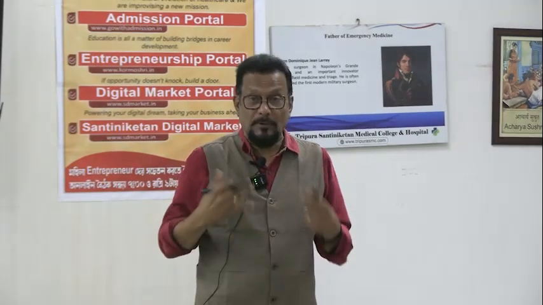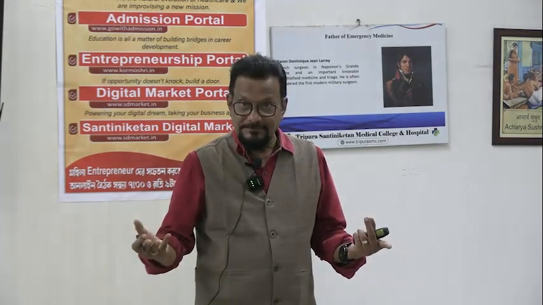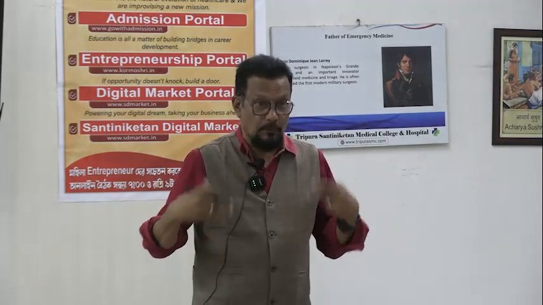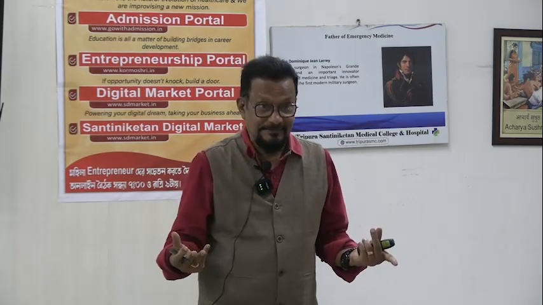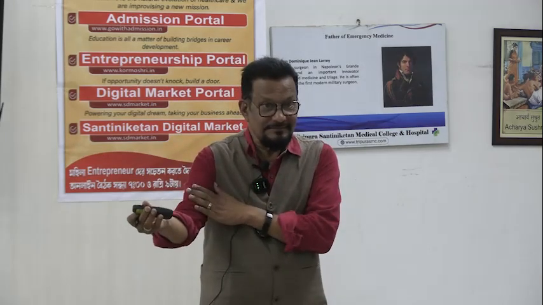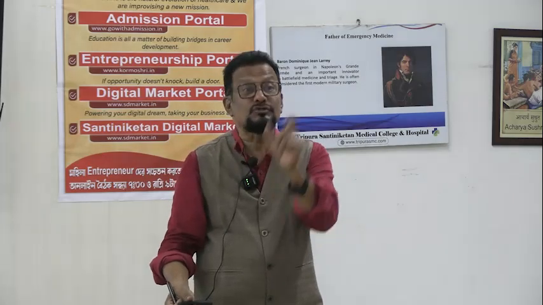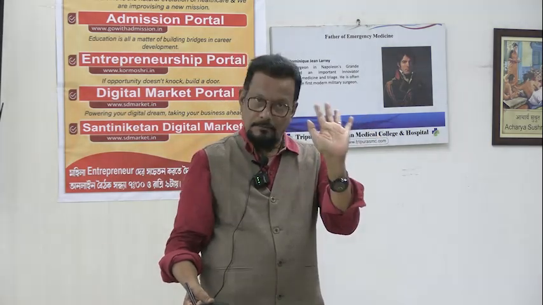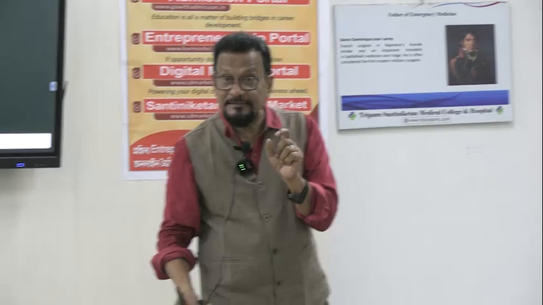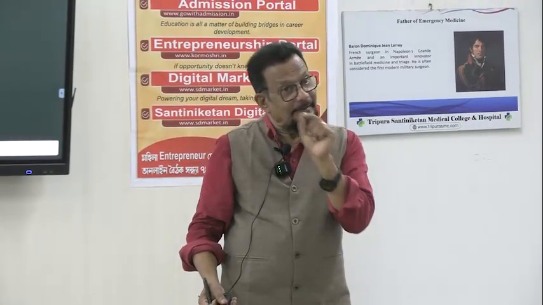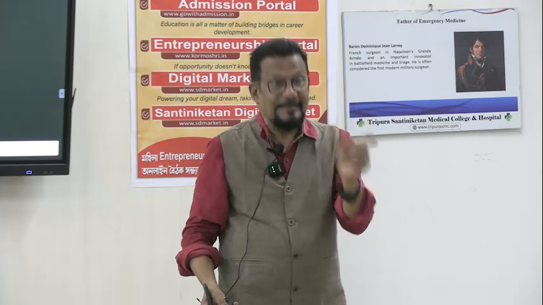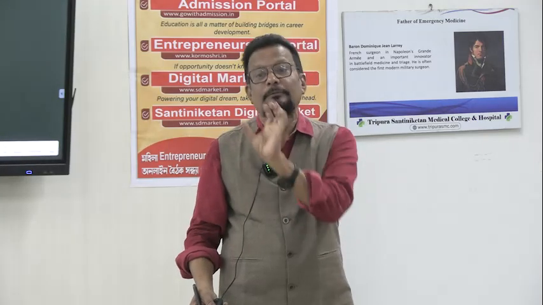They show the property of excitability. Some cells show the property of contractility. Muscles show contractility. Before it shows contractility, it must have excitability. After excitability, only then will it contract.